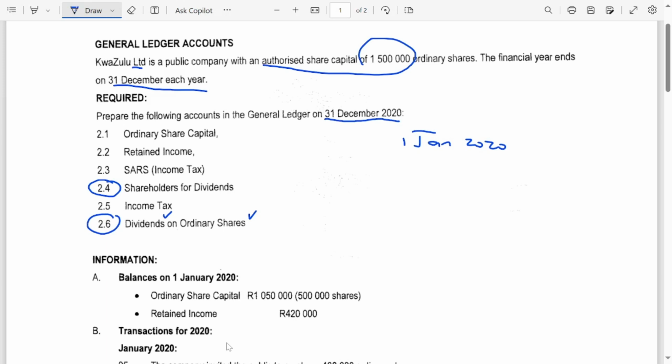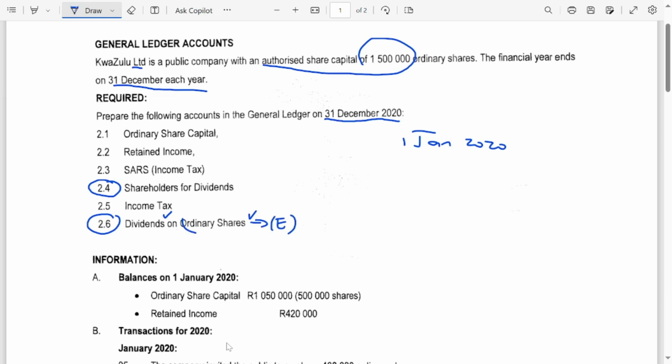Okay, so that is what a dividend is. Meaning that if we are paying this as a business, it means that this is an expense to the business. It's an expense.